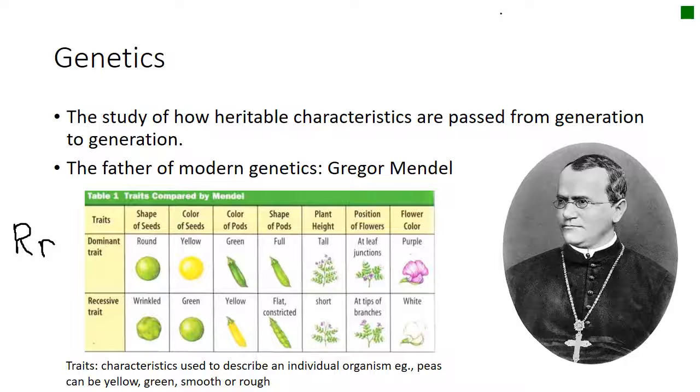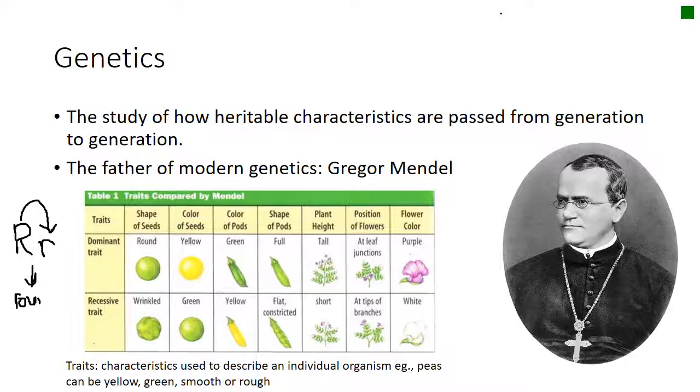So that's little r. So big R is the dominant trait. That's passed on from one parent to the offspring, and this recessive trait can be passed on from parent to offspring. And in this case, the dominant allele would mask the presence of the recessive allele, so that this offspring would look round.